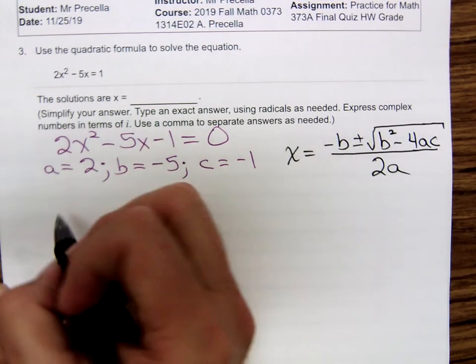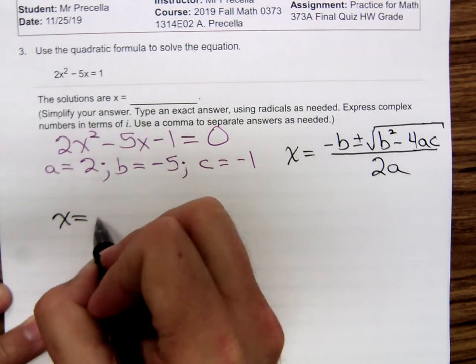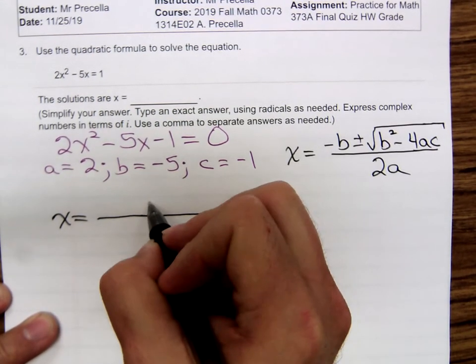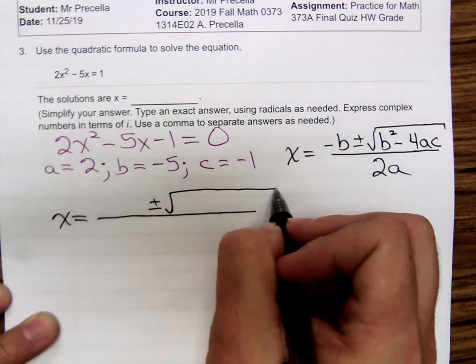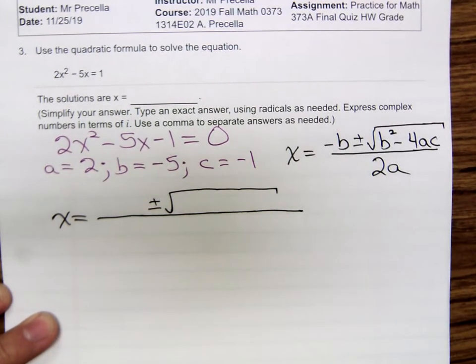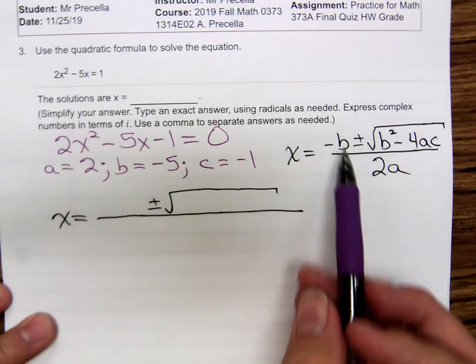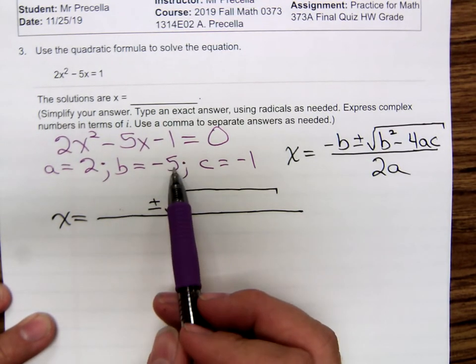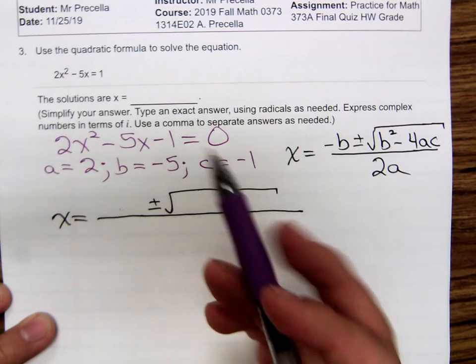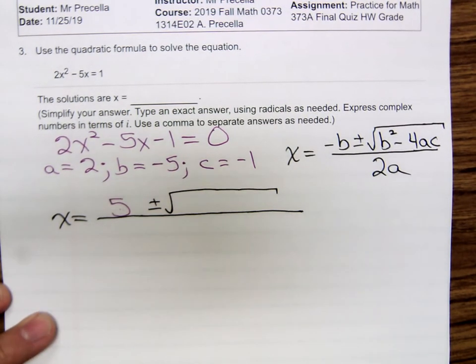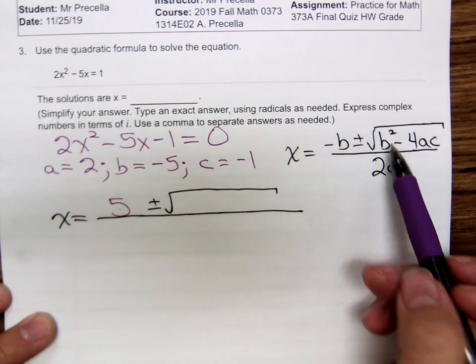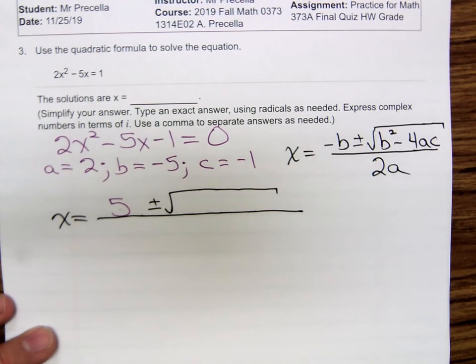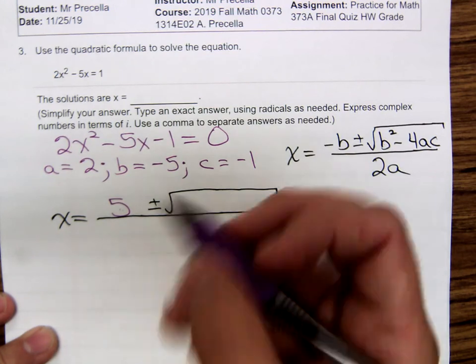So we're going to make our substitutions. Minus b. What are we going to have here? Positive 5. Minus a negative 5 is a positive 5. B squared: negative 5 times negative 5 gives me 25.